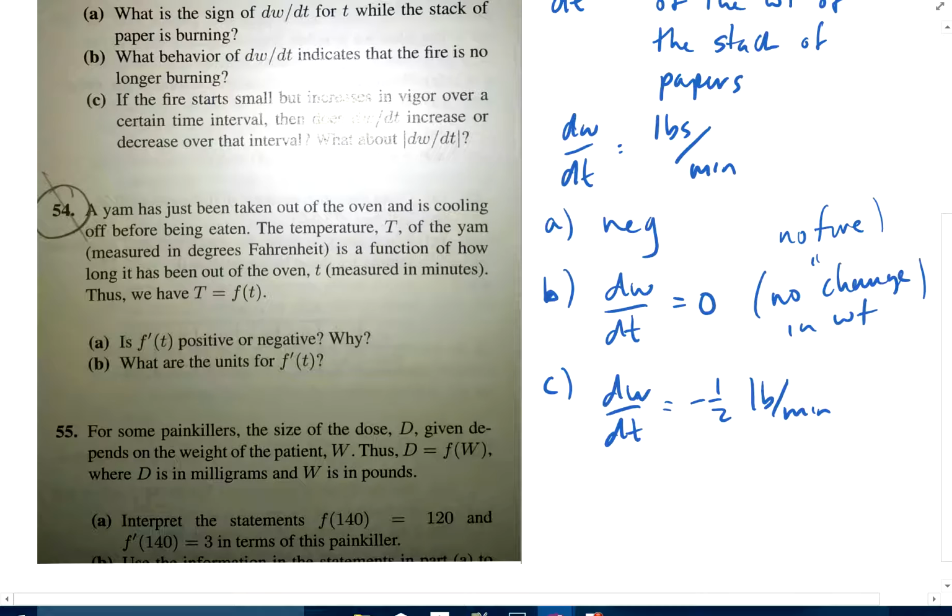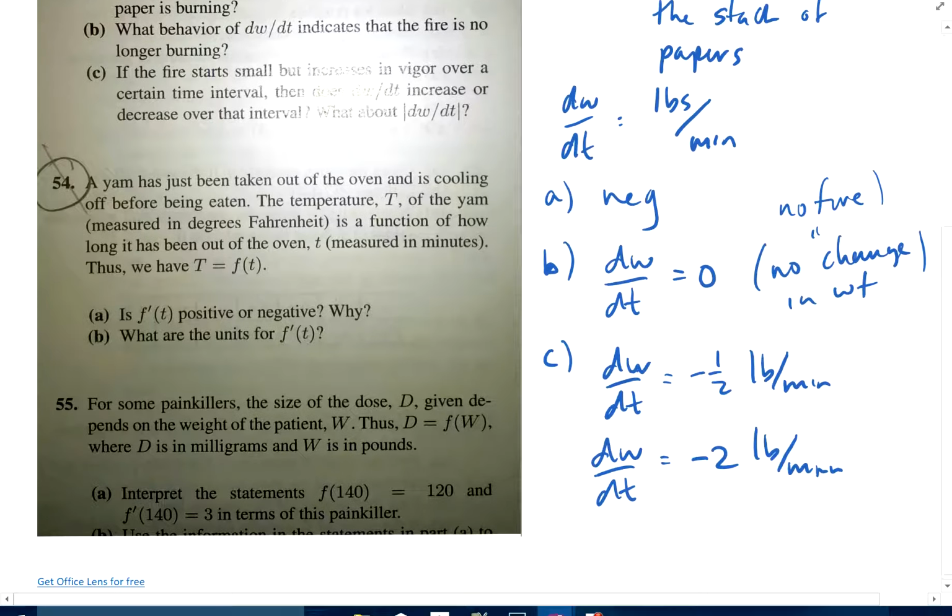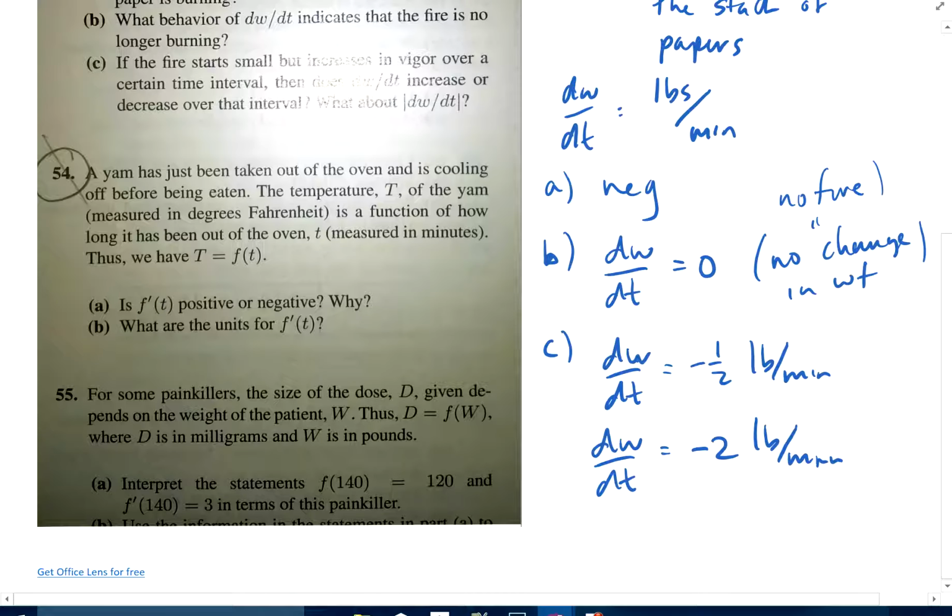Then a little bit later, the fire is increasing, so dW/dt might be 2 pounds per minute, or negative 2 since it's going down. So does dW/dt increase or decrease? From negative 1/2 to negative 2 to negative 3 or 4 or whatever, that's actually decreasing because it's becoming more negative, right?